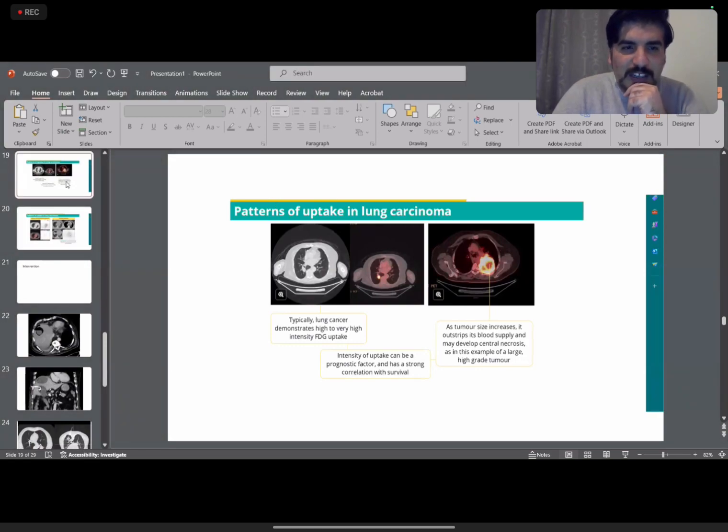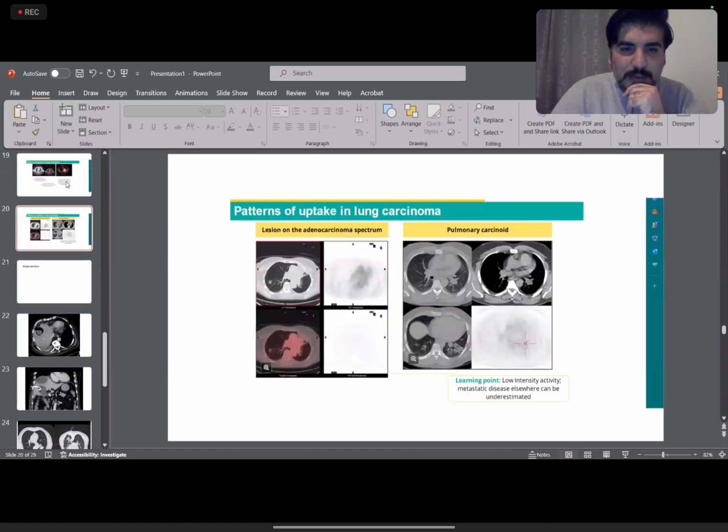We said at the beginning that they can be followed up to 4 years. If there is a ground glass nodule, usually follow it up to 4 years until we are certain that there is no cancer in it, because adenocarcinoma spectrum nodules can develop into cancers. They are very slow growing, and as they are slow growing, they have less metabolic activity. They are not PET avid usually.